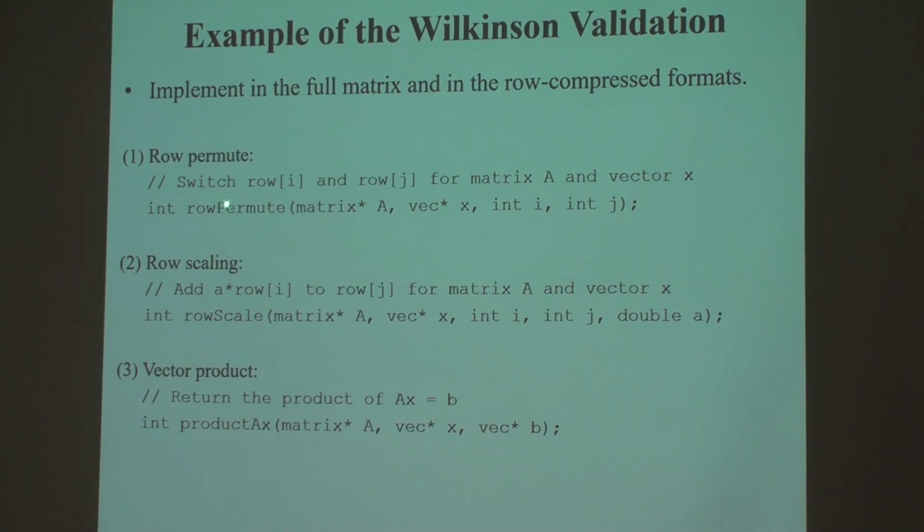First, row permute, where you permute the order of the rows. For sure, that shouldn't change the property of the matrix. If you permute AX equal to B, permuting B together with A, then it shouldn't change the solution at all. You just change the order of your row representation.